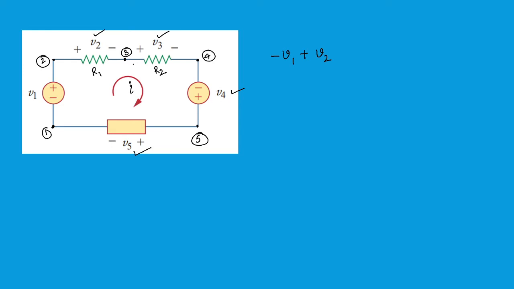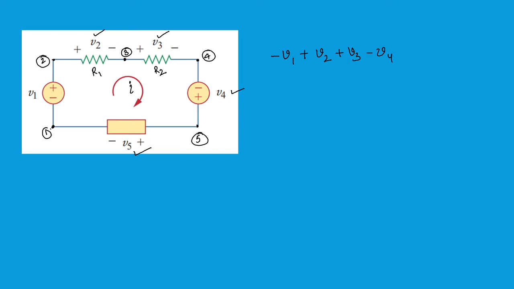Next, from node 3 to node 4, again a plus is encountered first, so write plus V3. And from node 4 to node 5, going through voltage V4, a minus sign is encountered first, so I can write minus V4. And from 5 to 1, I'm going back. Then, see what do you mean by loop?